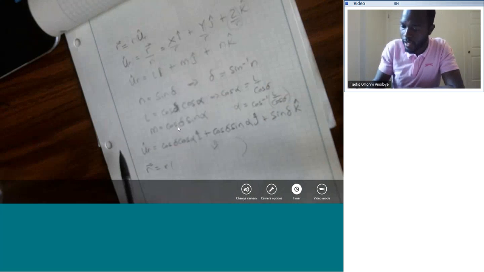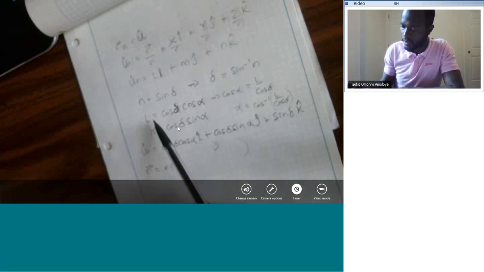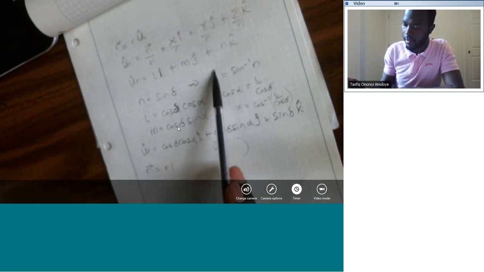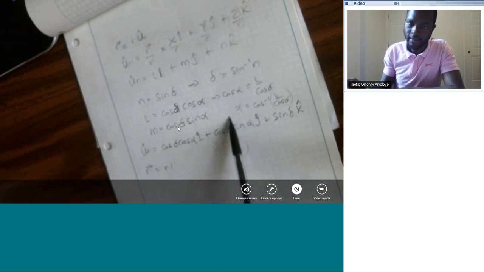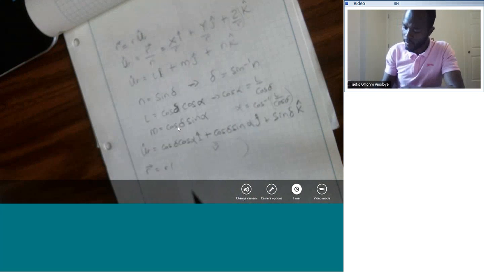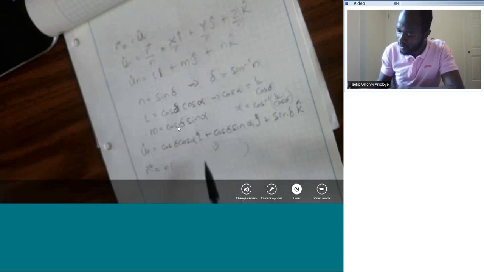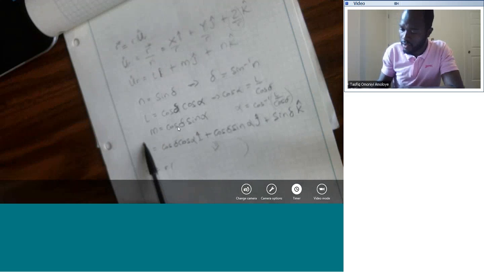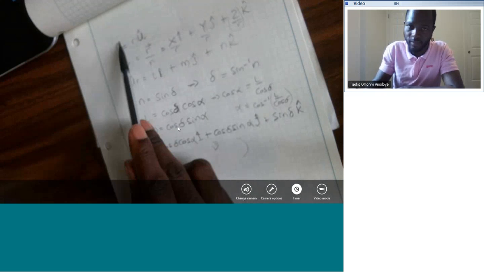Here, because we have the position vector, we're able to work our way downwards and get the declination and then the right ascension. But if we just know the right ascension and the declination, we might not be able to work our way back, because we would only be able to compute UR. We still won't know what R is, so we won't be able to get the position vector.